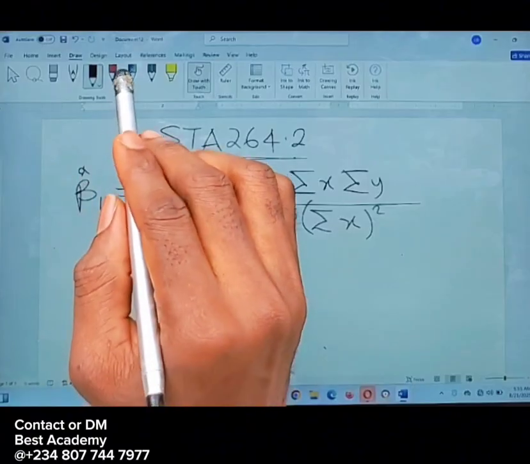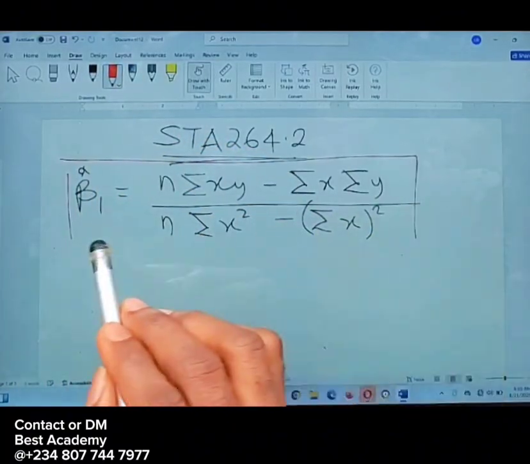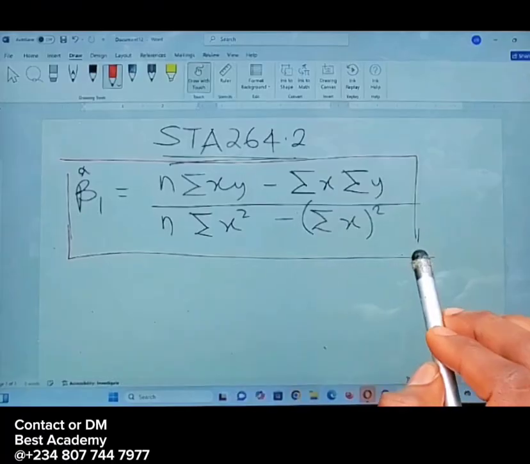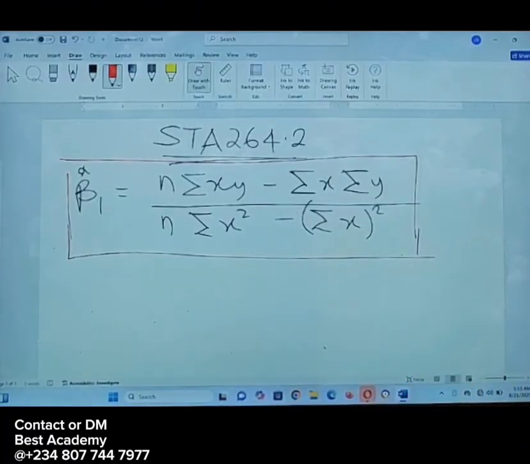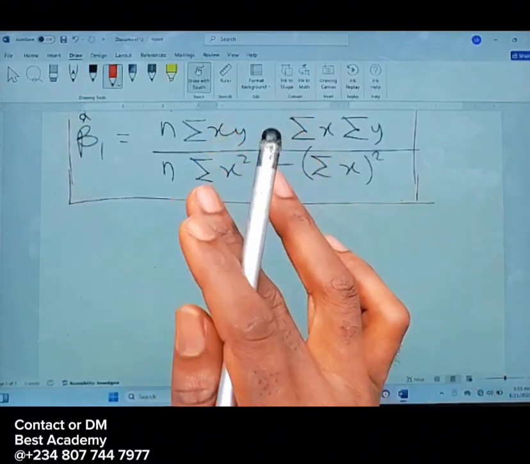Okay, now this is for my beta 1 hat. Please take notes. Now let's try to recreate the table here to get the available parameters.